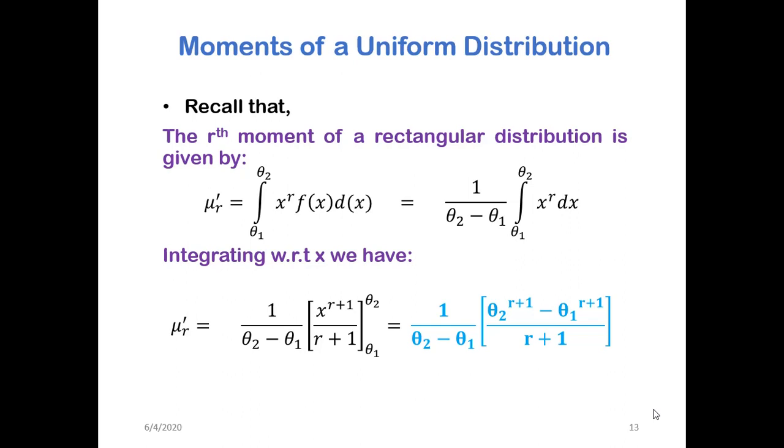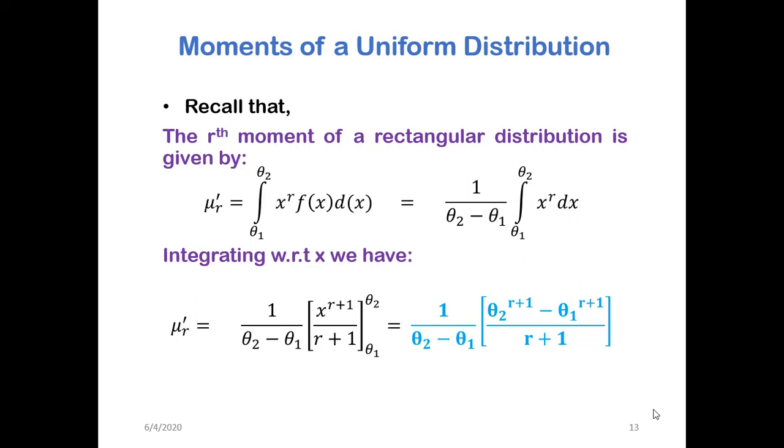Okay, so you can integrate and simplify your function. You integrate with respect to x, and finally we have the rth moment for a uniform distribution of a random variable, which is free from x. In the blue font, it is 1 over θ2 minus θ1, then θ2 to the power r plus 1 minus θ1 to the power r plus 1, over r plus 1.